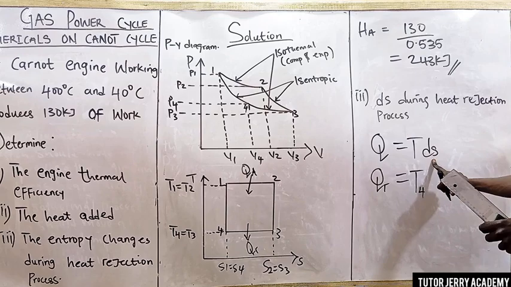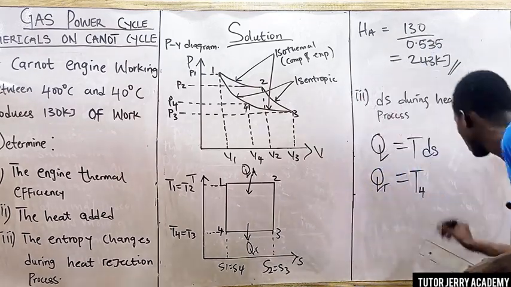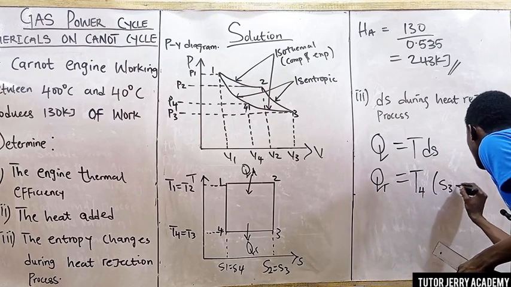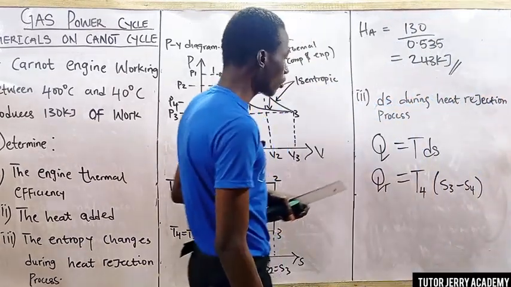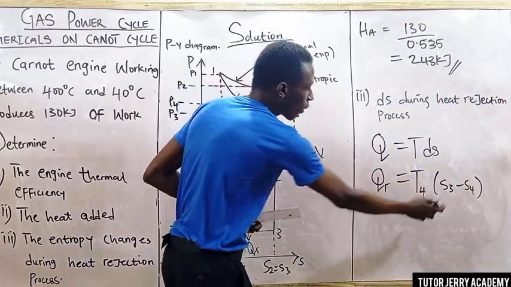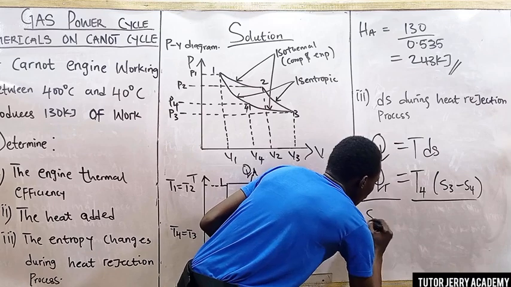Our change in entropy at this point will be S3 minus S4. So what are we looking for? We are looking for our change in entropy, so we make change in entropy the subject of this relation.